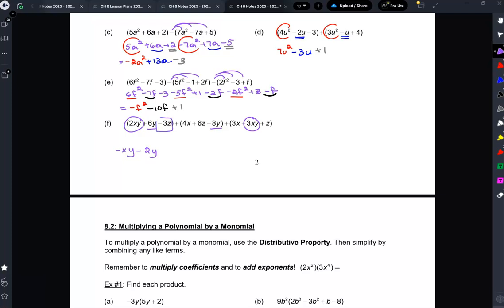Then let me put a box around the z's. Minus 3z plus 6z, that's 3z. And then 4z. And then what do I have left? 4x plus 3x, 7x. Okay? That's that. Okay? All right. So with that, now you can do homework.